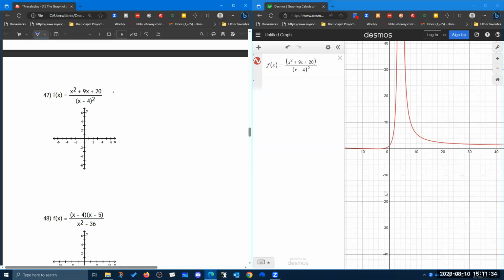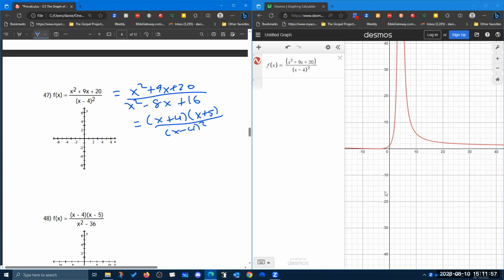So I want to expand this out. This looks like this. If I want to factor it completely, it's going to look like this. So I may want both forms to help me.